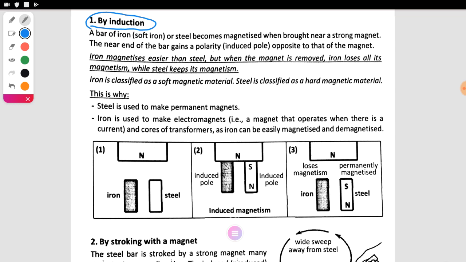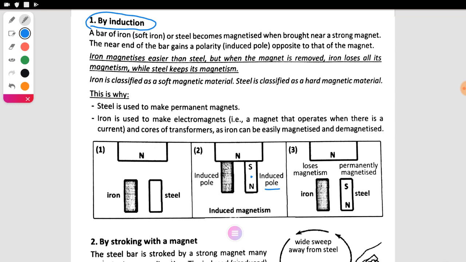This is the north pole, and the north pole attracts them. The field transfers from the magnet to this piece. It concentrates and penetrates the magnetic field through it by induction, by the effect of the magnet.